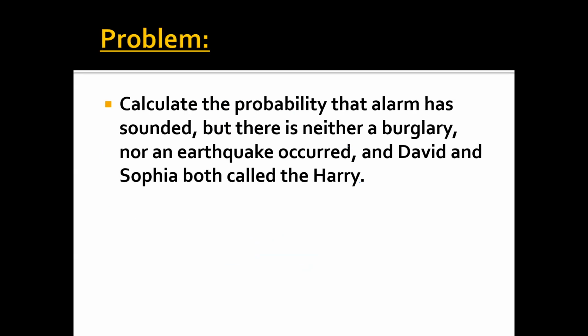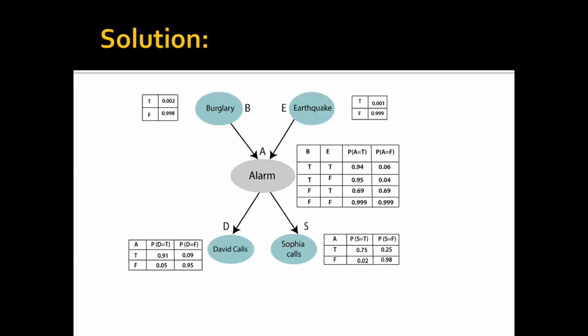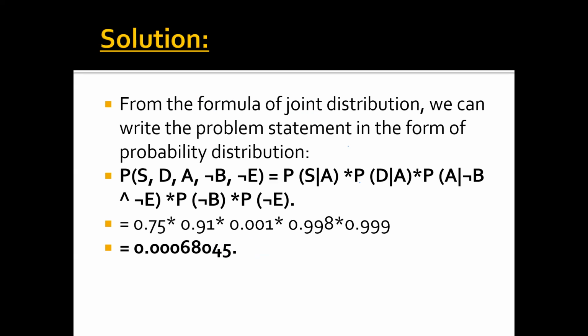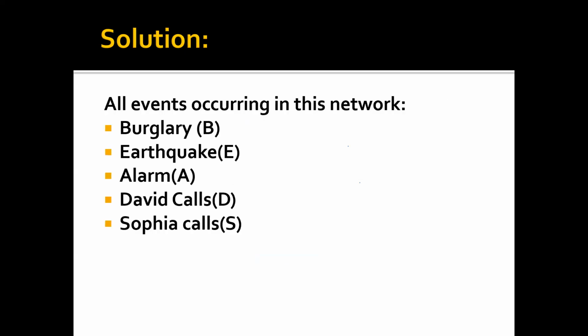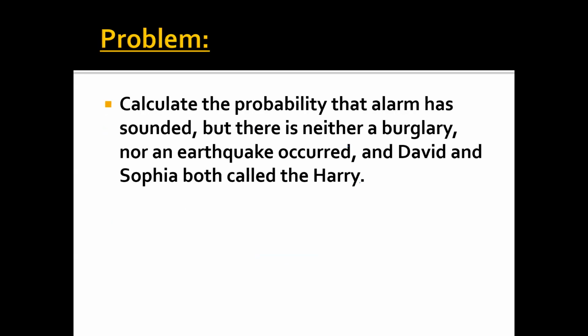David and Sophia both called. I hope this is clear why we are writing S and D, because they both have called. Next, alarm has sounded. So alarm is also positive because we are talking about the event that it has sounded.